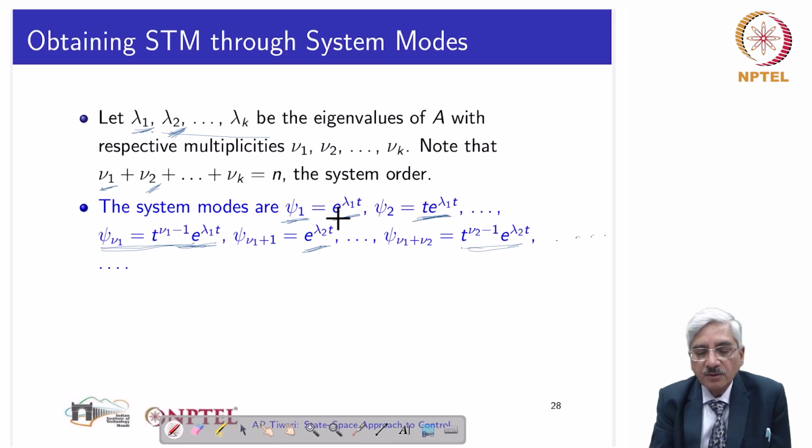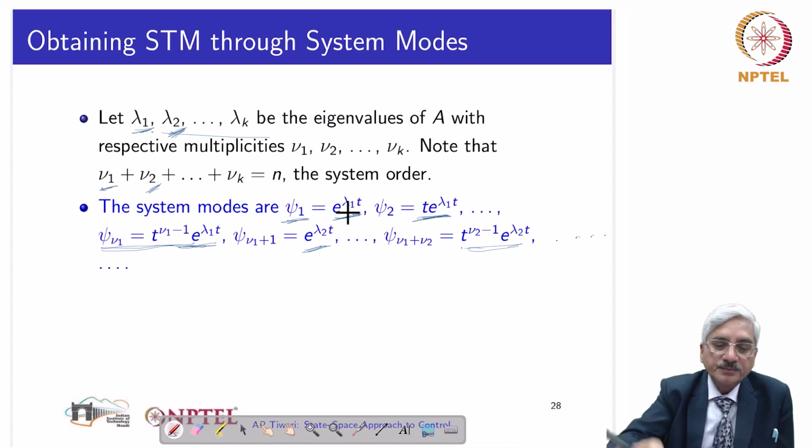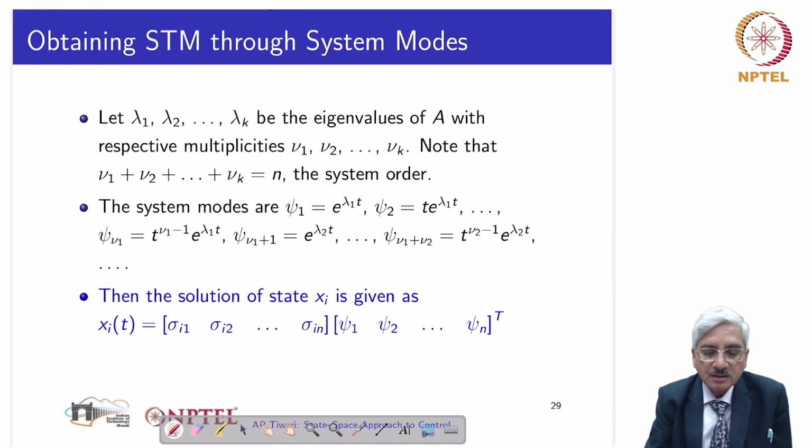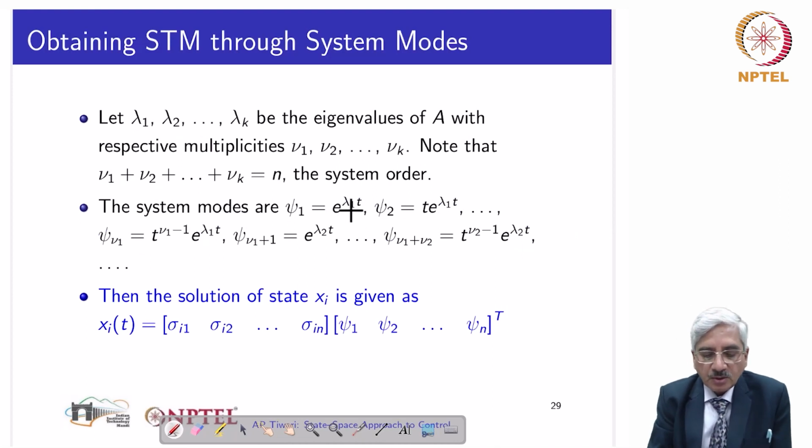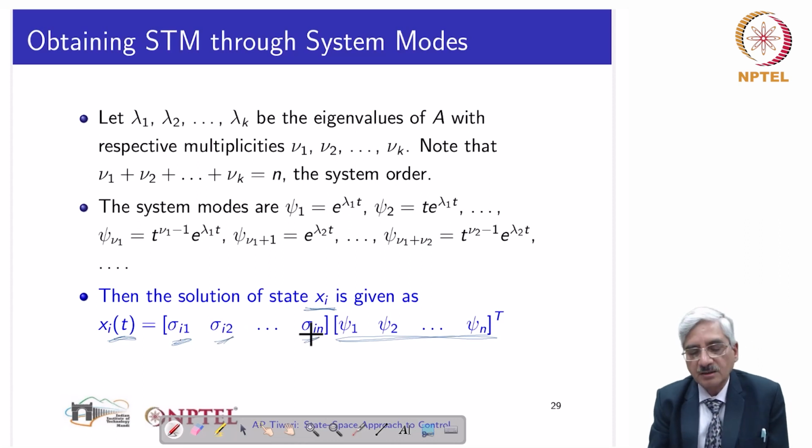Modes are the way in which the solution is obtained. These are the exponentials which reflect in the solution of the state x(t). So the ith state can be given as these modes weighted by these weighting coefficients sigma i1, sigma i2, etc. up to sigma in.